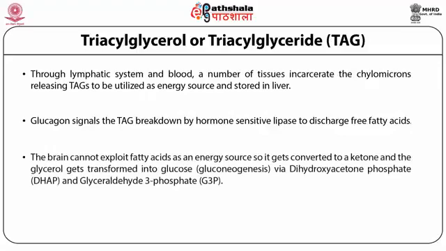The brain cannot exploit fatty acids as an energy source, so it gets converted to a ketone and the glycerol gets transformed into glucose, which is gluconeogenesis, via the dihydroxyacetone phosphate and glyceraldehyde 3-phosphate.